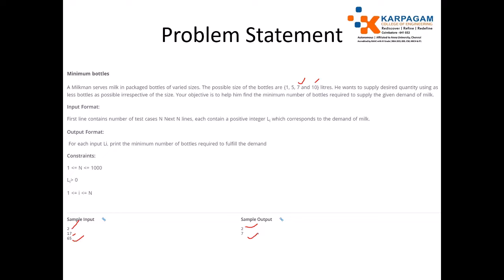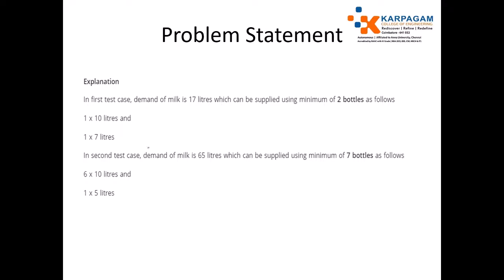Okay, so they have given the denominations here, 1, 5, 7, 10, so it is easy for you. I explained these things. For a demand of 65 liters, we need a minimum of 7 bottles, that is 6 into 10 and 1 into 5.